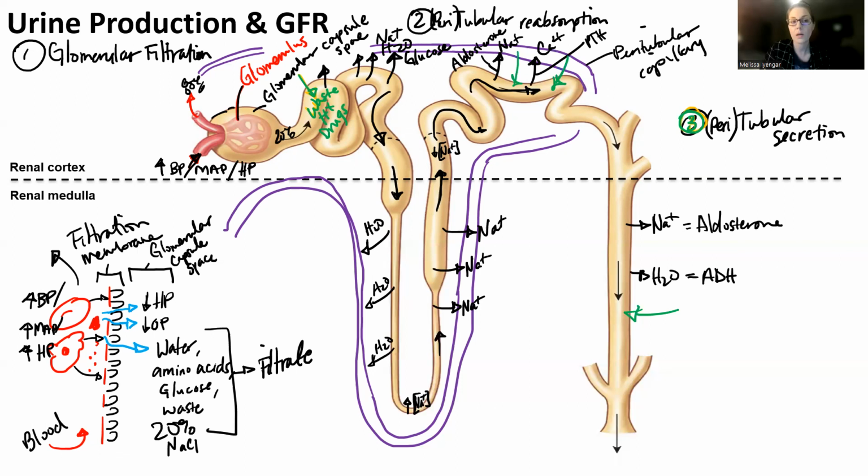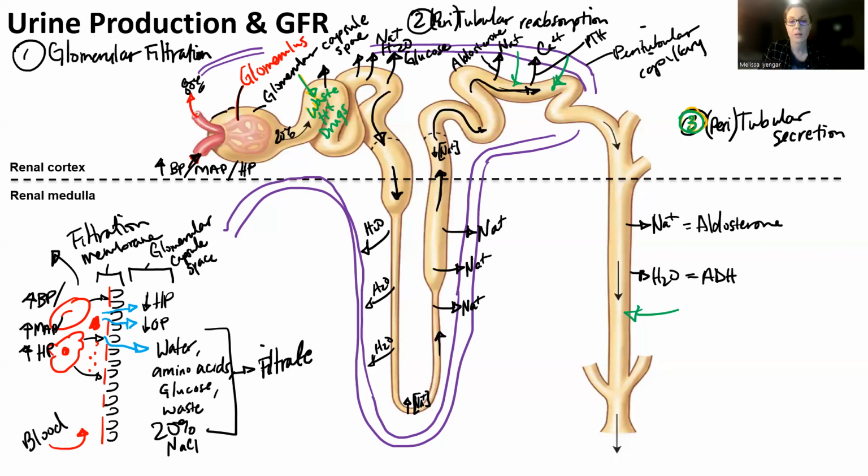That's part of urine production, to make sure that your blood remains consistent throughout your body in terms of blood volume, glucose levels, amino acid levels, sodium chloride levels, calcium levels, right?